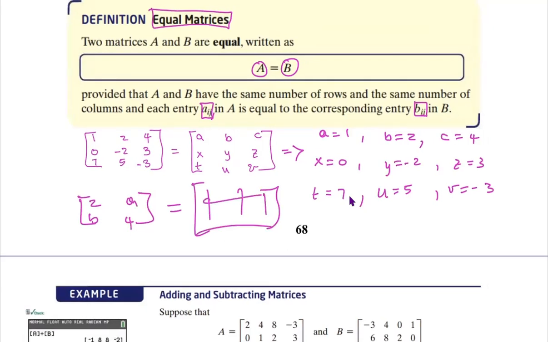Two matrices are equal to each other when they have the same number of rows, the same number of columns, and the same exact numbers arranged in the same way. So that's what you need to know about equality of matrices.